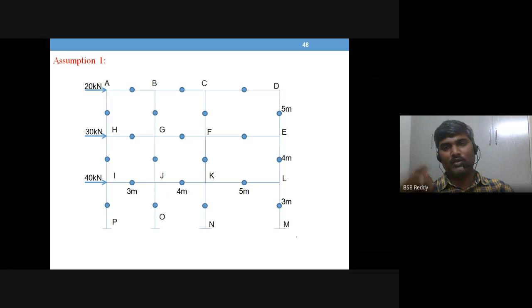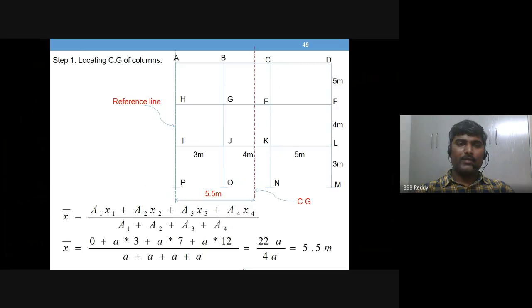Assumption 1, you know very well, is that in the middle of each member you need to have an imaginary hinge, nothing but a zero bending moment location or the point of contraflexure. Right, so going for step 1.